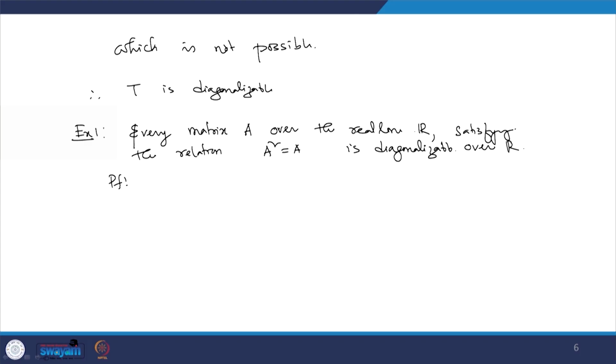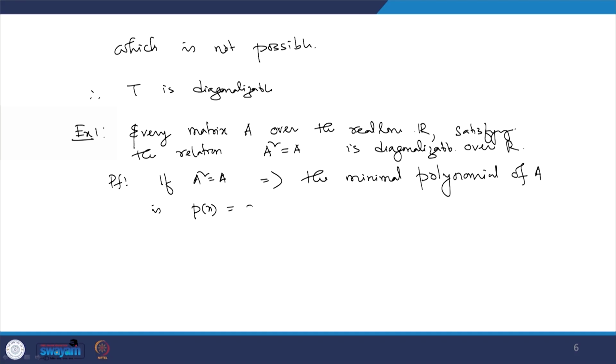If A square equal to A, this implies that the minimal polynomial of A is px equal to x square minus x, which is equal to x into x minus 1.